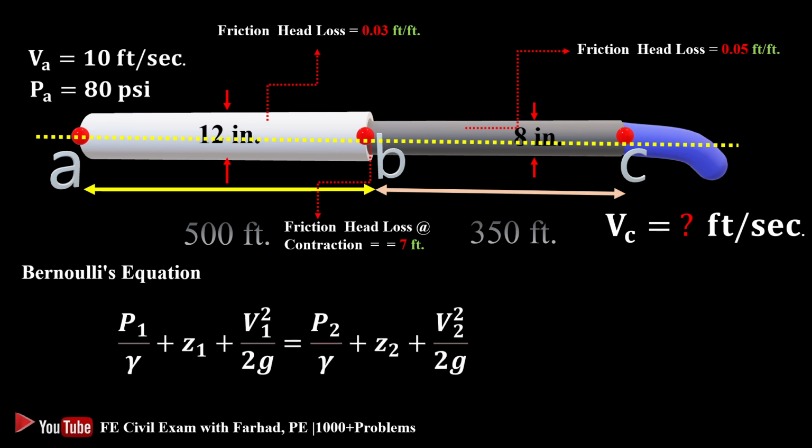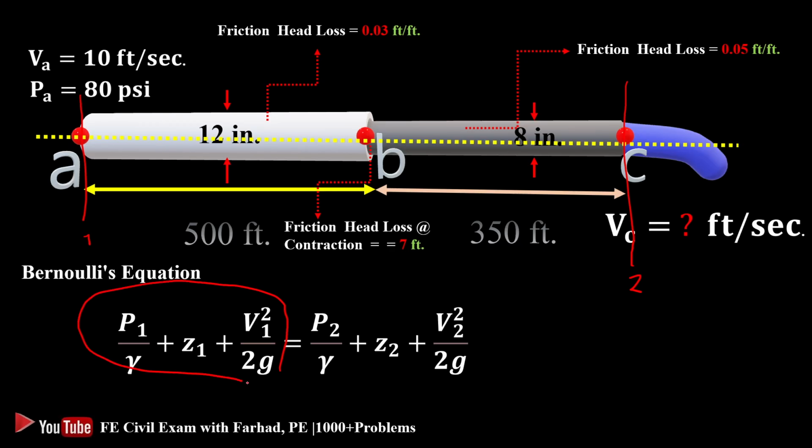So Bernoulli's equation just says pressure at the first cross section. If we assume our entrance point is cross section A or 1, and our exit point is cross section 2.